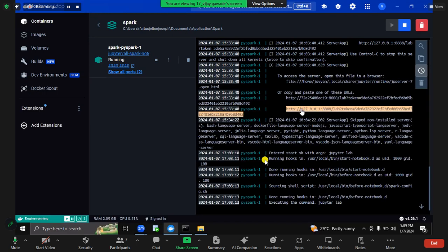It will open in Chrome or whatever. Just click, or copy paste, whatever you want to do.